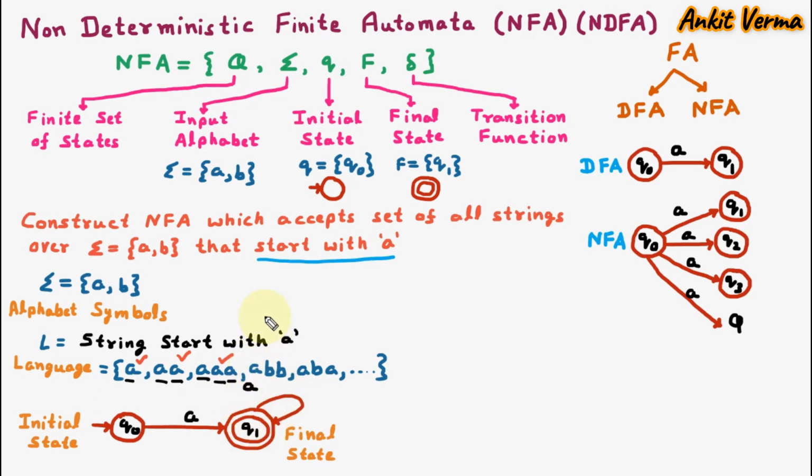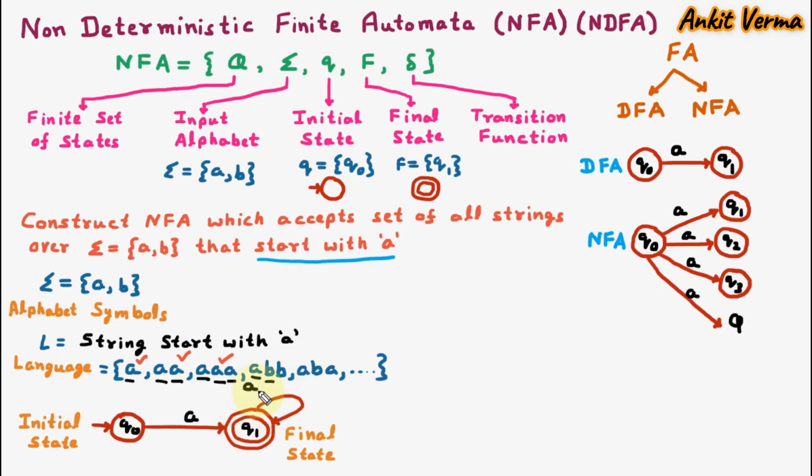Now we are taking the next string and modifying this NFA. Let us suppose that first A is coming, so from Q0 we are on Q1. Now B is coming. The idea is the string starts with A and we already got A. So if A is coming or B is coming, it doesn't matter, we should accept that.